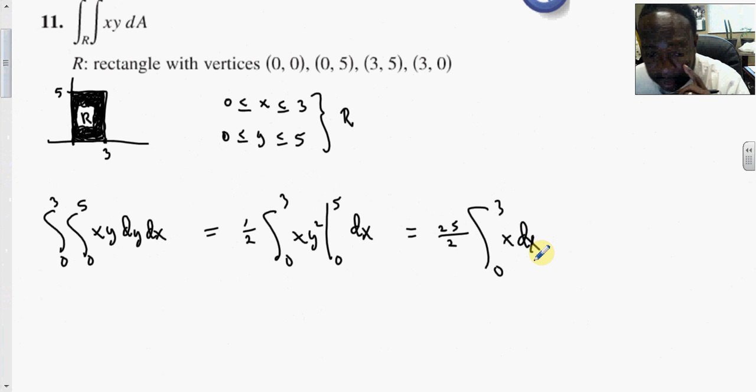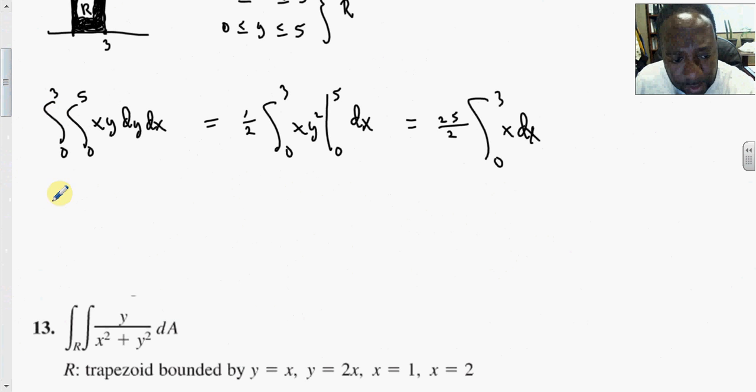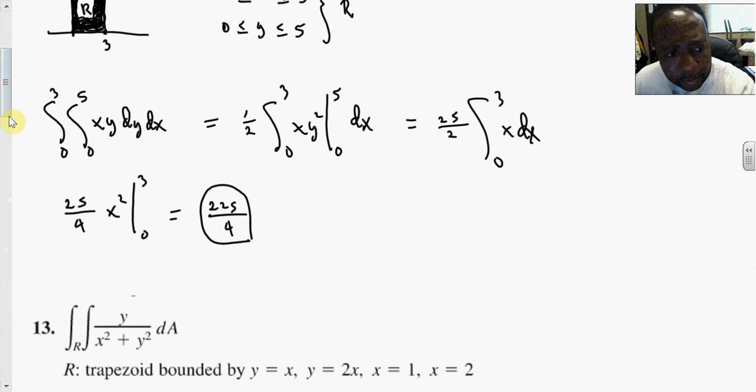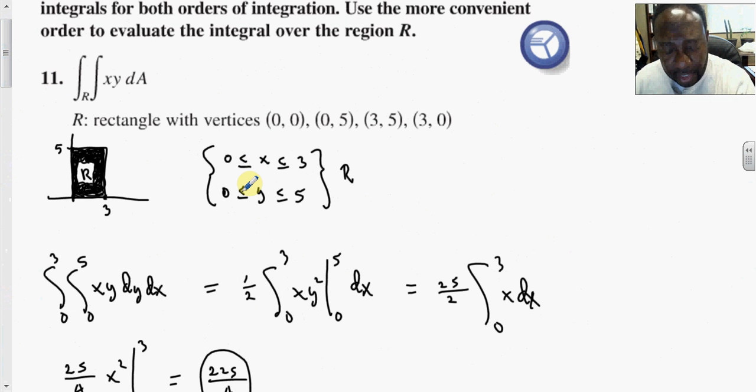You would agree with me that just setting up the double integral is the hard part. Integrating is straightforward. So integrate with respect to x, that's 1/2 x squared. So it's 25 over 4 times x squared. x is evaluated from 0 to 3. It gives us 9 times 25, or 225 all over 4. Setting up the double integral is the key, and coupled with that is to be able to determine the correct R. Now R here is fixed because here these are fixed vertices.